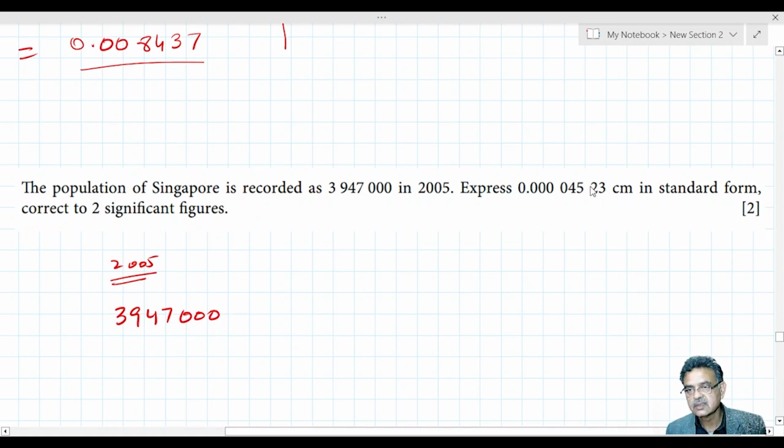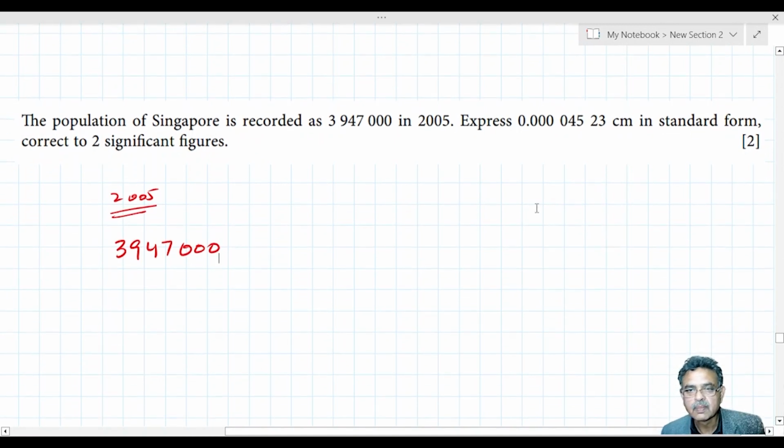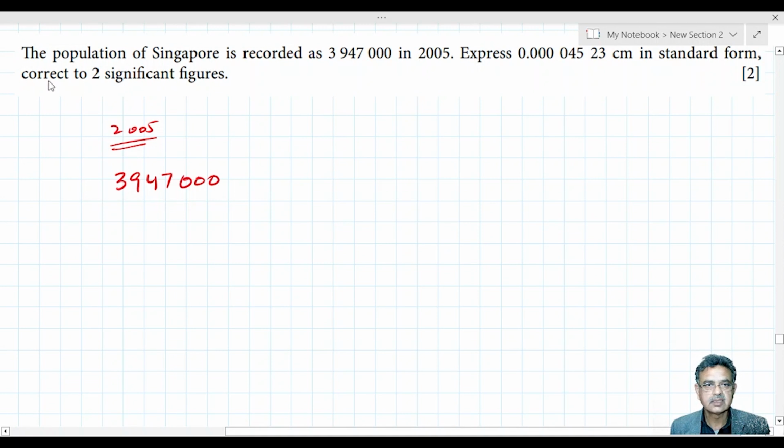Express this number in standard form correct to two significant figures. So we express both of them.